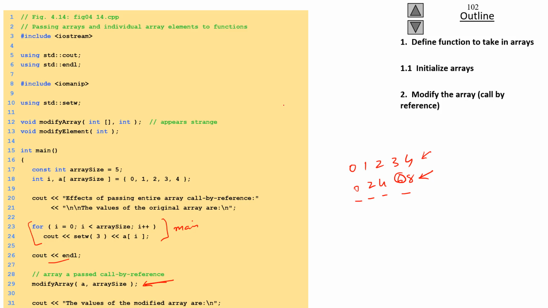Whereas in the case of the whole array, before the function it was 0 1 2 3 4, and after calling the modify array function it is 0 2 4 6 8. Why? Because it was called by reference and the location of the entire array was passed, and whatever you modified in the function also got modified in the main.